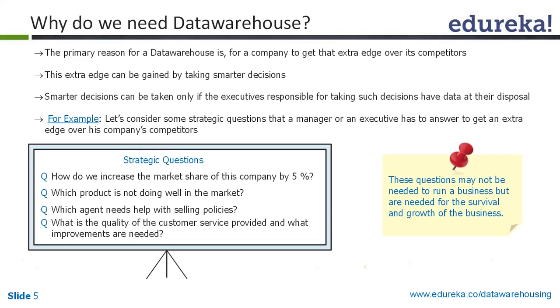I will analyze why. What is the reason? Is it not selling during a particular period, maybe from January to April, or is it not selling throughout the year? Then I'll be in a better position to decide either not to take the product or to suggest some improvements so that the product starts selling. These are smarter decisions, and if you don't take them on time, then customers will obviously move out.